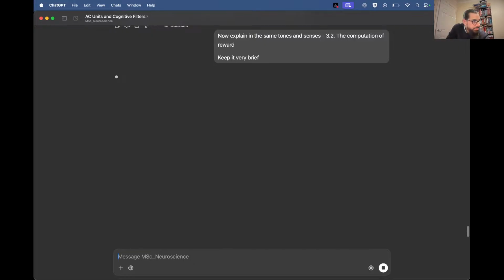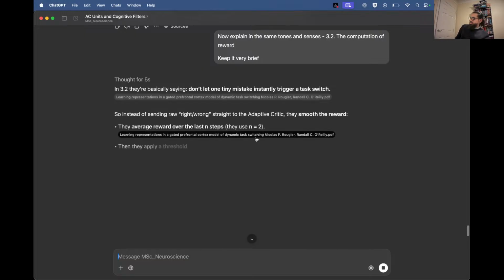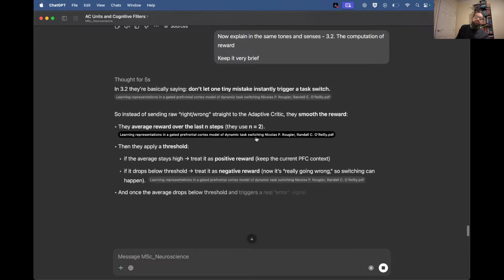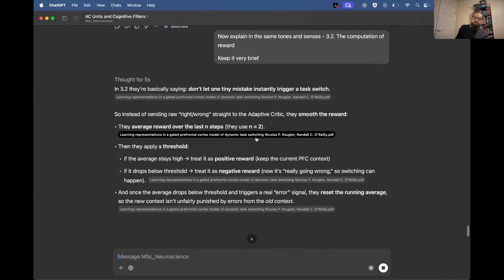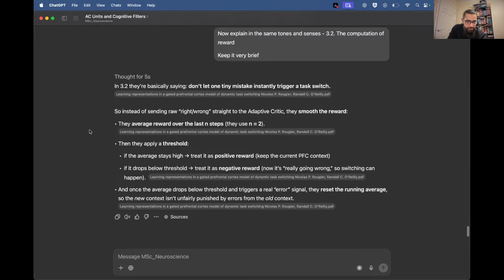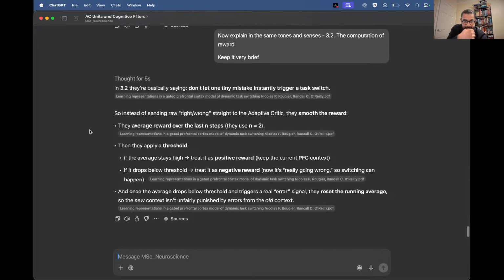Okay, now the computation of the reward. The adaptive critic unit acts as the delta reward signal, which in turn allows us to understand, based off the signal, if the network is performing correctly or incorrectly. So the network depends on dopamine, is what is being stated here. They're saying don't let one tiny mistake instantly trigger a task switch.